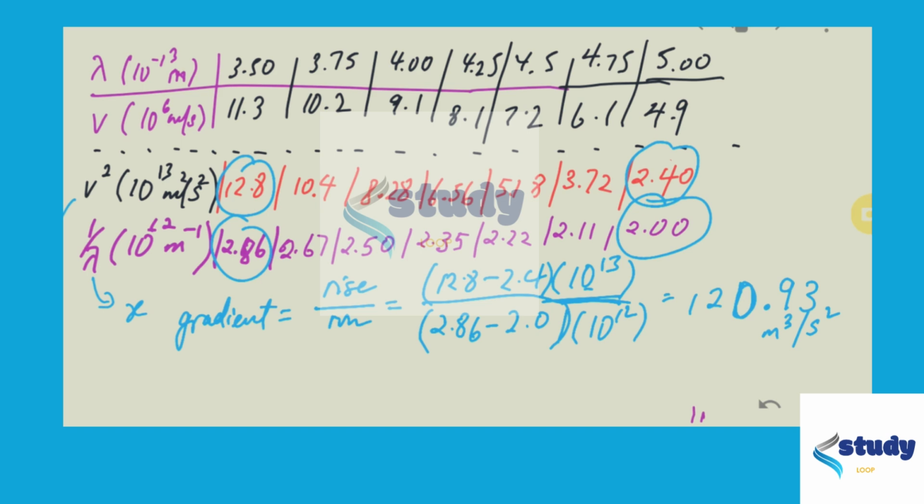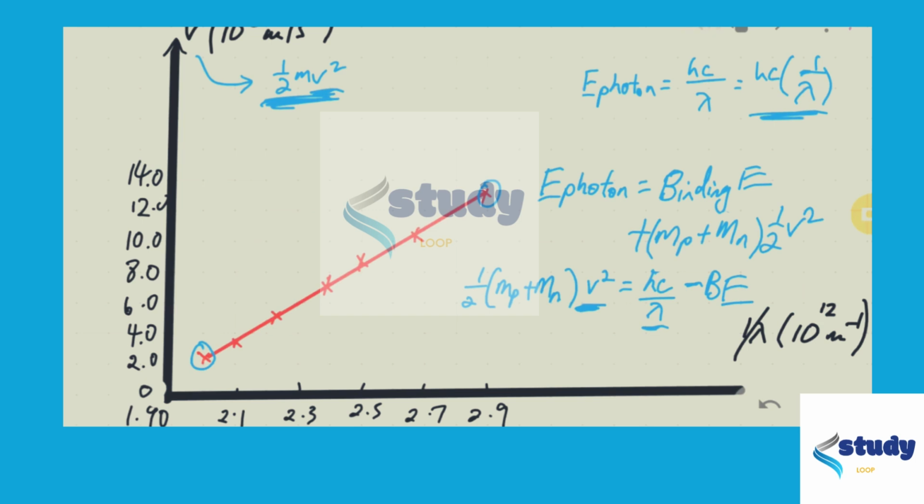Now using this value, we also want to find the y-intercept. To get the y-intercept, what you need to do is extend your graph all the way past the y-axis, such that it cuts x equals 0, and you want to see where the y value is.